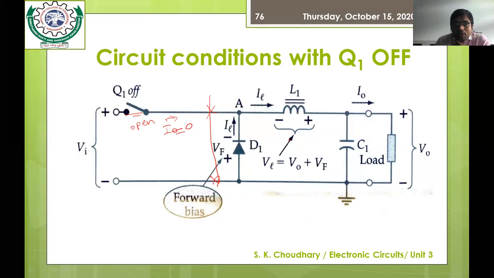Because the polarity has been reversed across the inductor, the diode polarity would be changed. Now the cathode would become negative and the anode would become positive, and that is suitable for the diode to become forward biased.